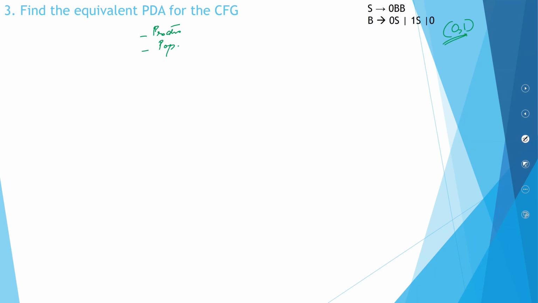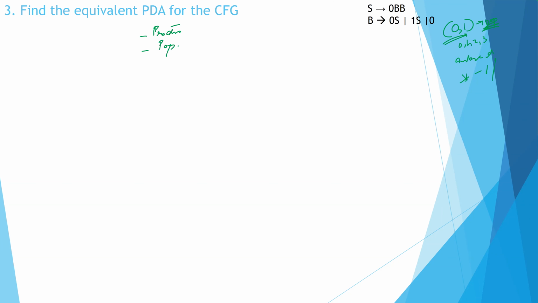Everything other than capital letters will be terminals. So you just need to pop for 0 and 1. All your 0, 1, 2, 3, a, b, c, d, all your notations, everything will be terminals. Only capital letters will be your non-terminals.